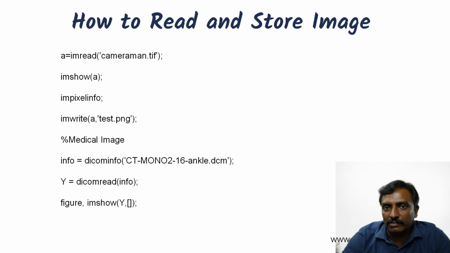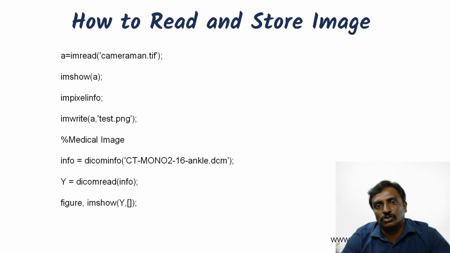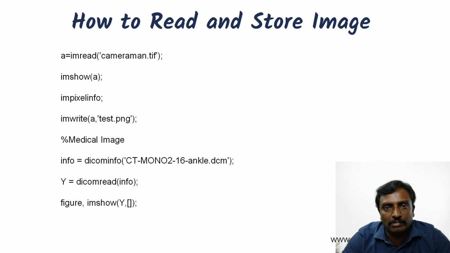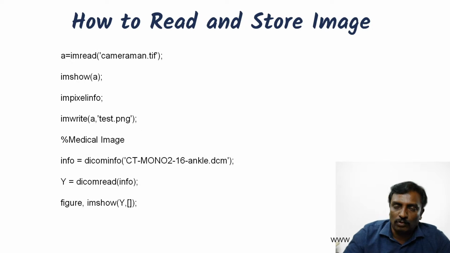So dicomread will read the image, and imshow is the command which is used to display the image. Okay, so this is a program. imread to read the image, imshow to display the image, impixelinfo to view the pixel information about the image, and imwrite is used to store the image, and dicominfo is used to get the information about the DCM file, and dicomread will read the file, and imshow is the command which is used to display. Okay, I will open MATLAB.